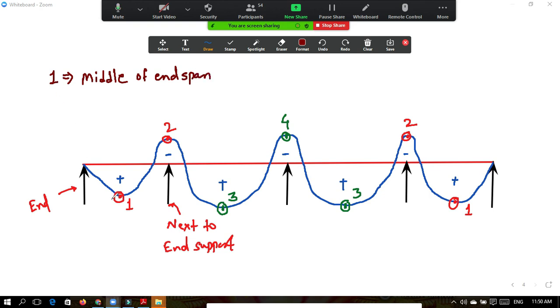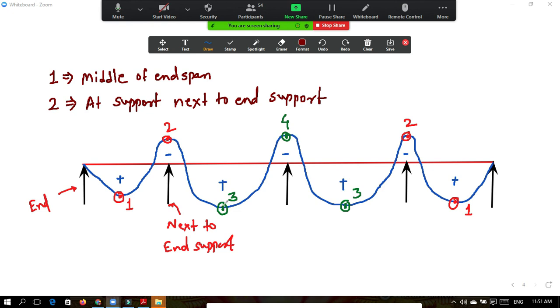Point number 1 means middle of end span. Point number 2 is at the support next to the end support. This is called point number 2.